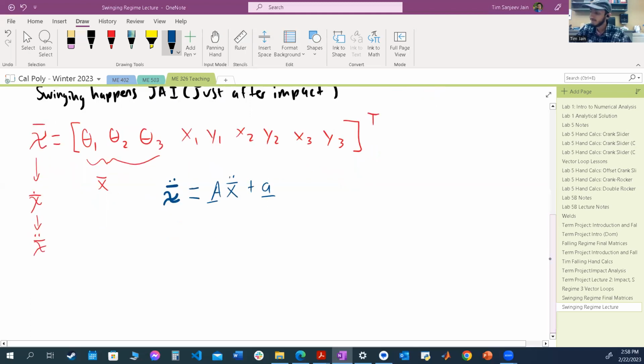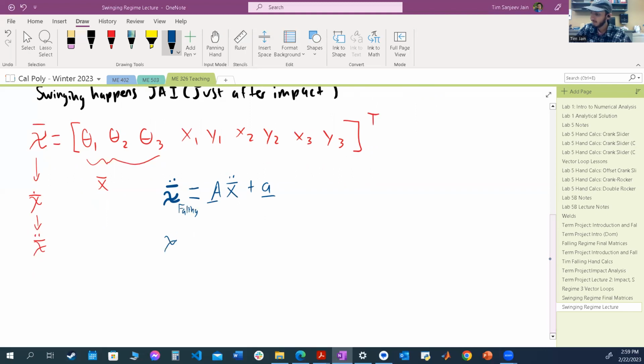That is going to be pretty similar. Just keep in mind though that this chi double dot is not exactly the same from falling as it is for impact.